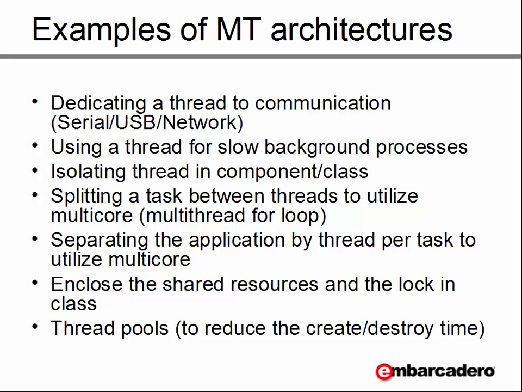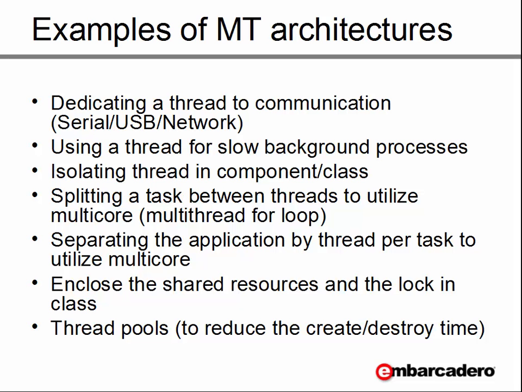Typical cases include dedicating threads to communication, be it serial, USB, or network communication over sockets, using threads for slow background processes, such as reading from hard drives or processing images, isolating threads in component classes for dedicated purposes, such as image processing classes or components, splitting tasks between threads to utilize multi-cores or multiprocessors.